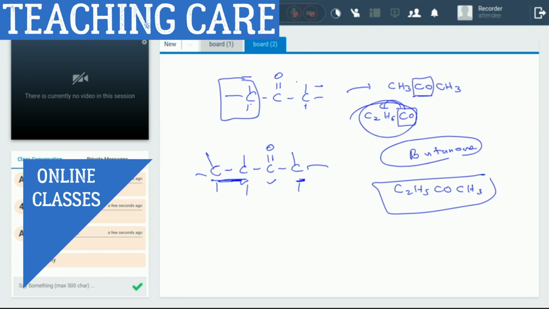Can you make a structure of pentanol? Sure. A pentanol, you said? Yes, pentanol, 5 carbon. So you draw it and tell me the formula. The formula for that would just be CH3COCH3.